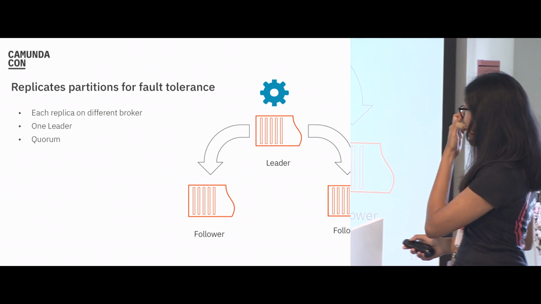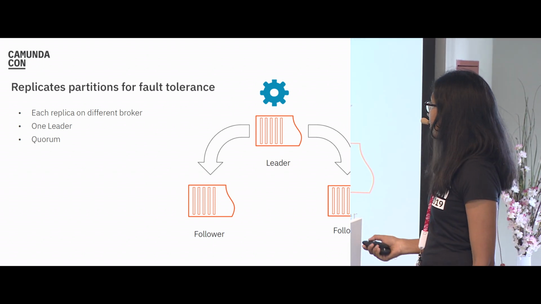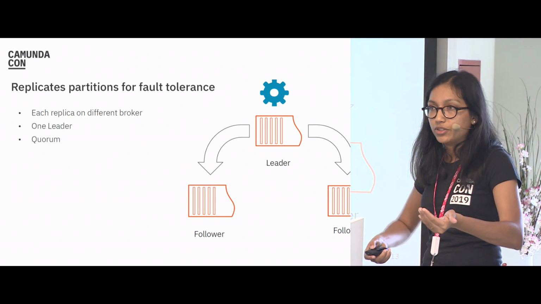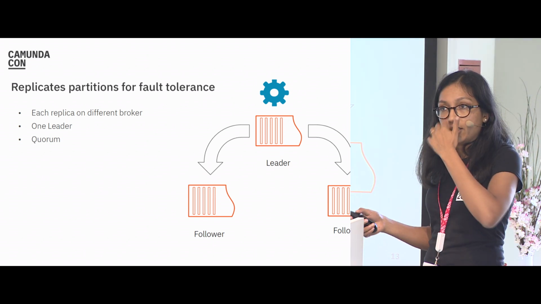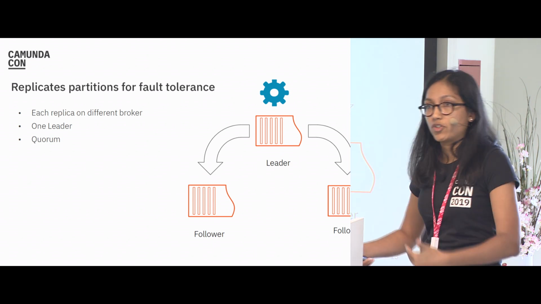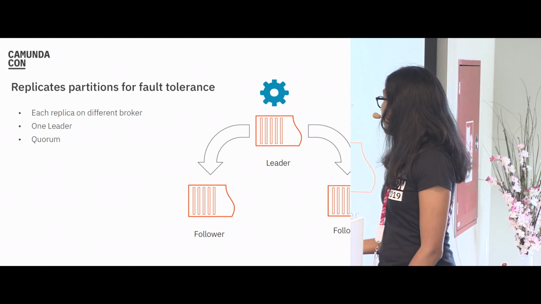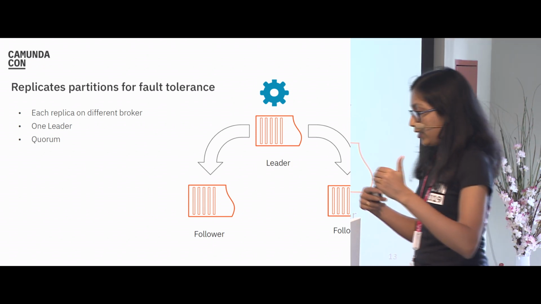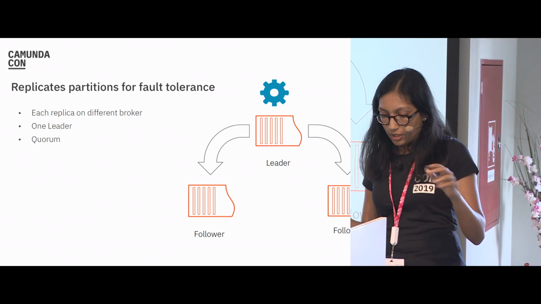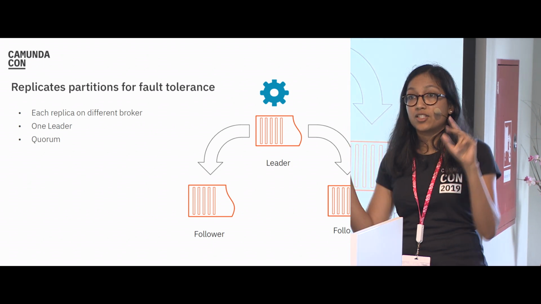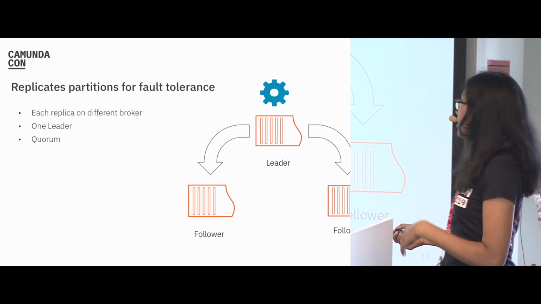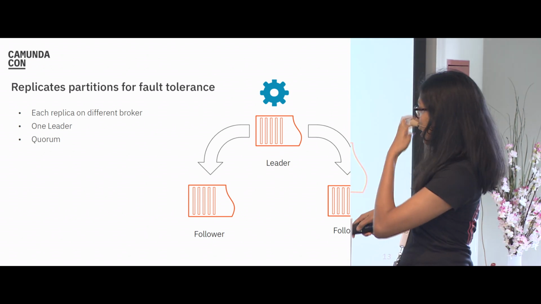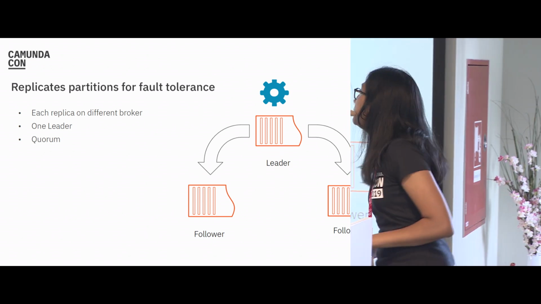The main idea is that you have one leader which writes the events to the log, and in our case, it's also doing the workflow processing. Then you have the followers, which just replicate the events. An event is considered successfully replicated if it's written to the majority of the replicas.